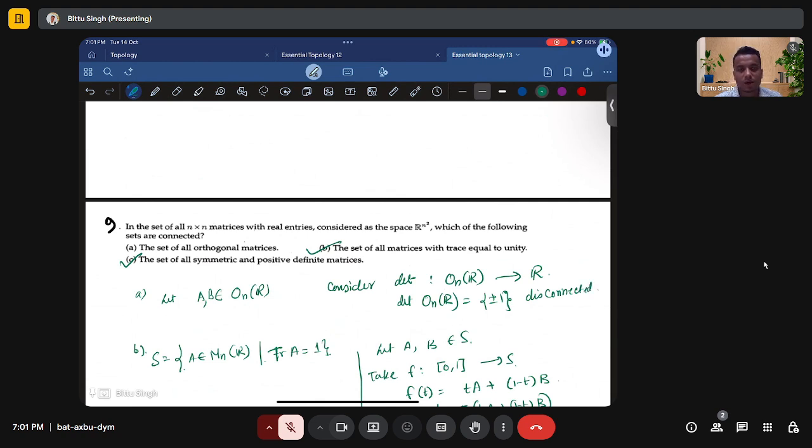The image of a connected set under a continuous map cannot be disconnected. Therefore O(n, R) is disconnected, because a continuous function always sends a connected set to a connected set.